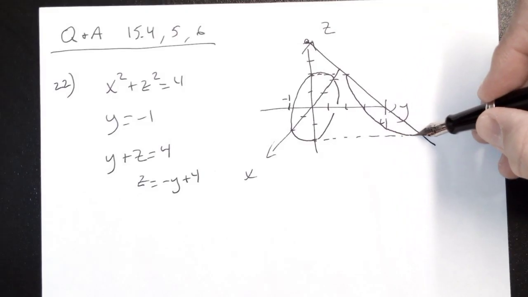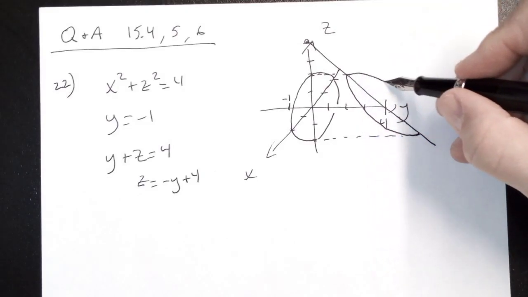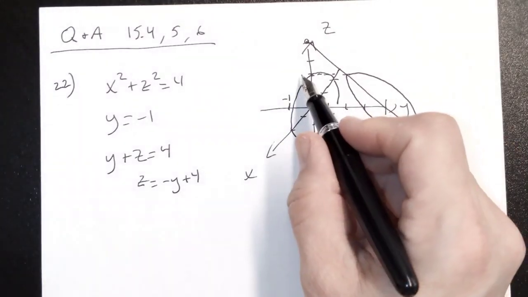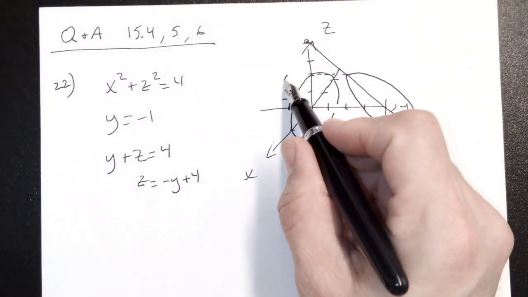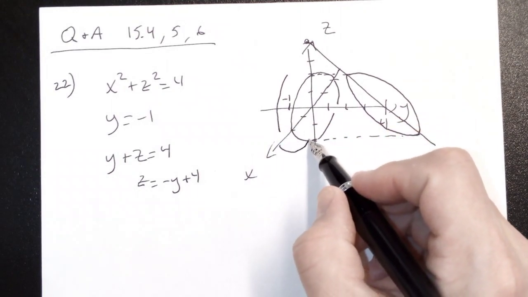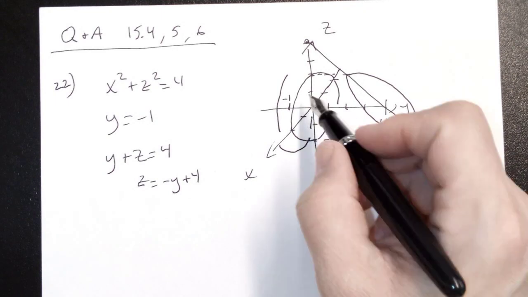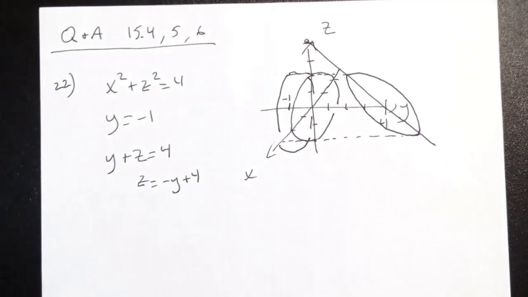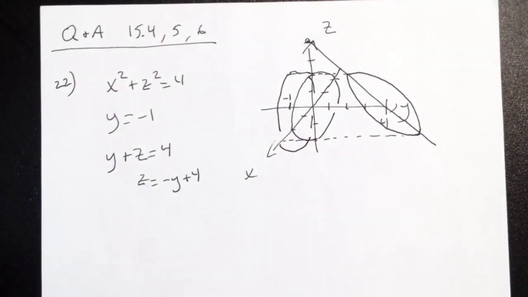So we'll end up with some oval here, and we have another circle back here. So the circle on the left end and this oval on the right end.